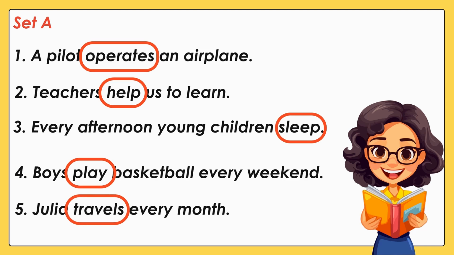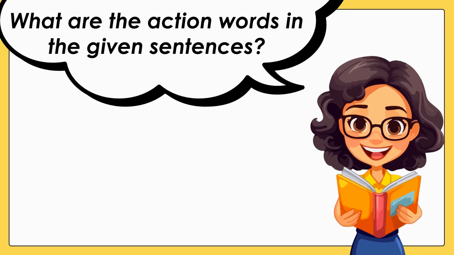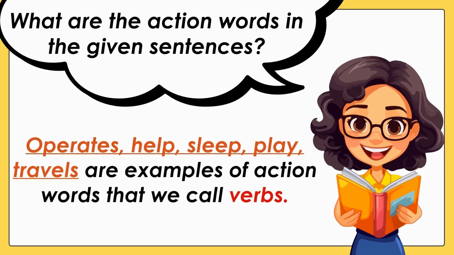Good job, kids! Now, what are the action words in the given sentences? Operates, help, sleep, play, travels are examples of action words that we call verbs. Again, verbs.